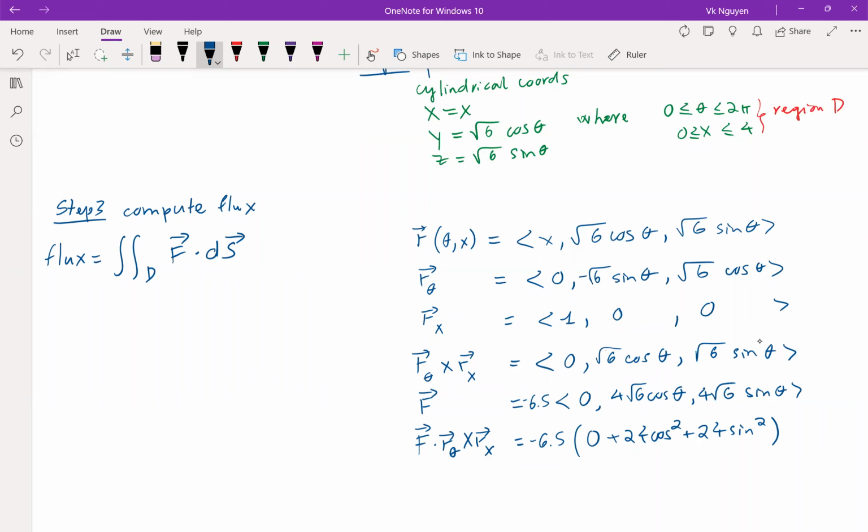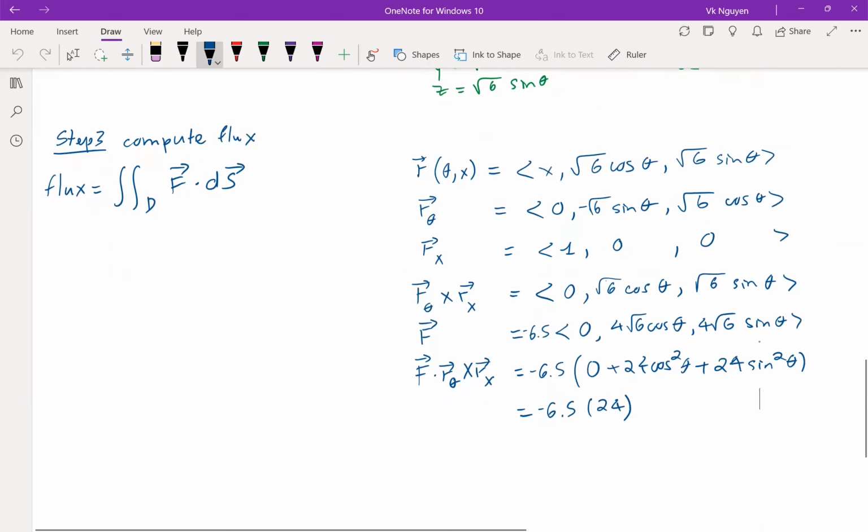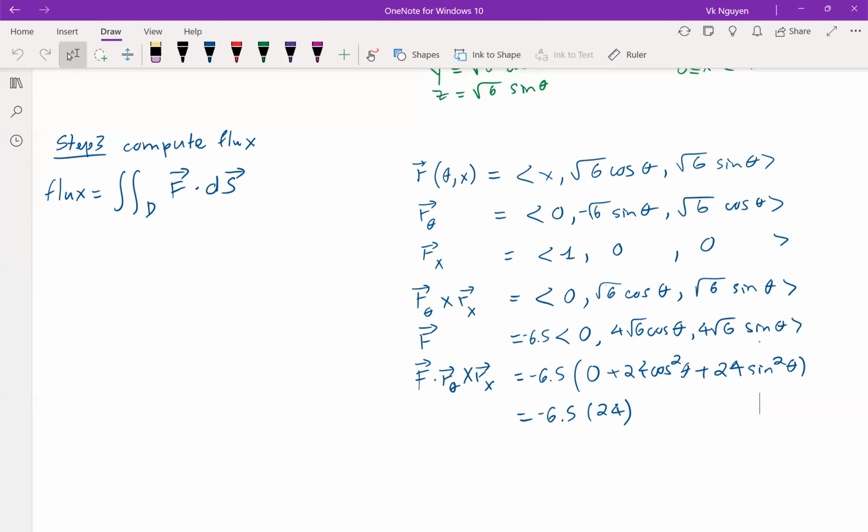Cosine square and sine square are going to cancel out. Oh, negative 6.5 times 24. What is negative 6.5 times 24 here? 156, with a negative. Okay.